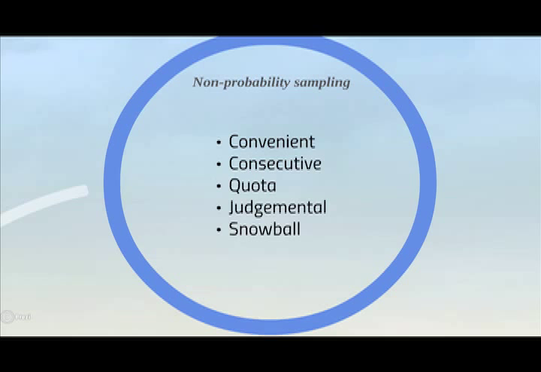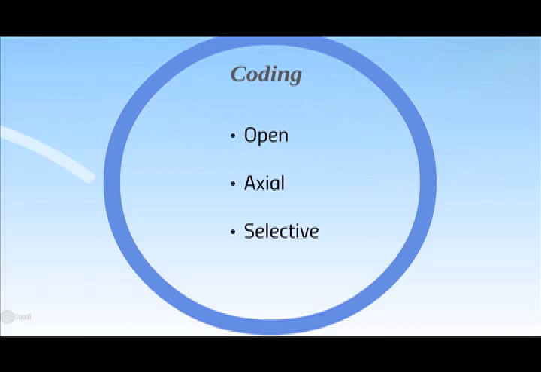Judgmental, the researcher will select specific samples or subjects for a purpose in mind. The researcher will look at it and see which one would be more fit for their research. Snowball. Snowball will be using participants to select other participants. This way you can use your subjects to identify other subjects that might be involved in the same.